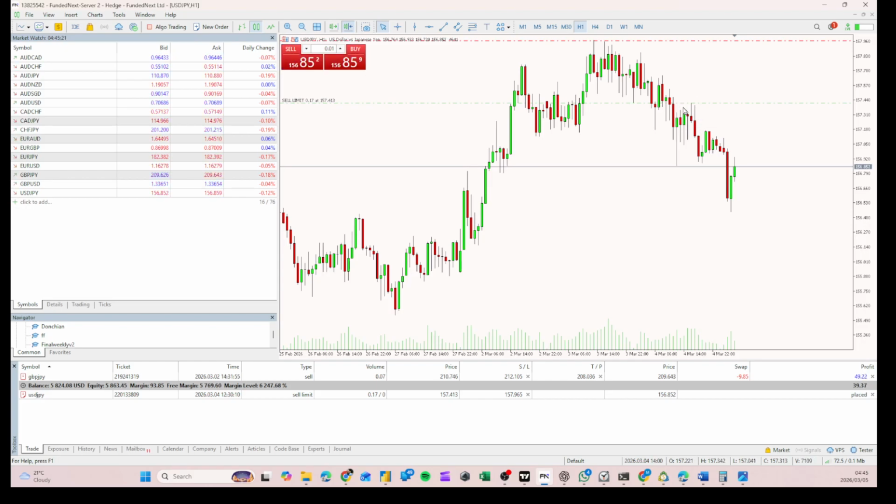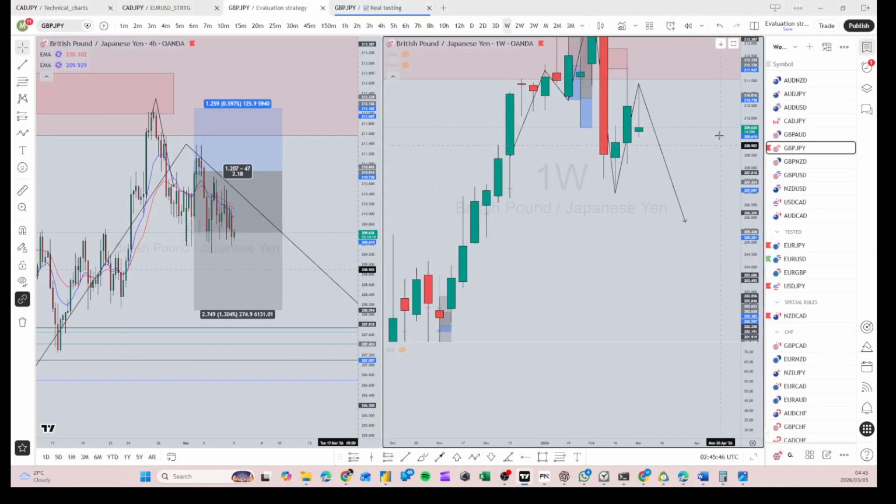So I'm not in the trade as of currently, but I think I'll move my entry to these levels right here. Move entry, put stop loss higher, and hopefully we get tagged in before the market continues to the downside. So this was on the Japanese yen.